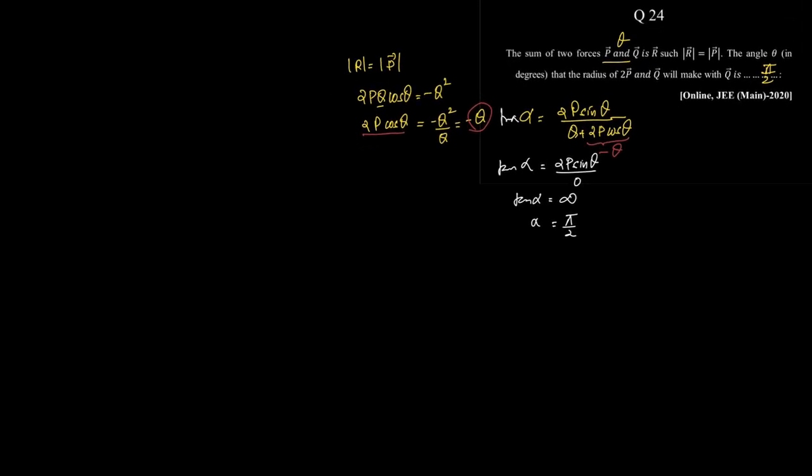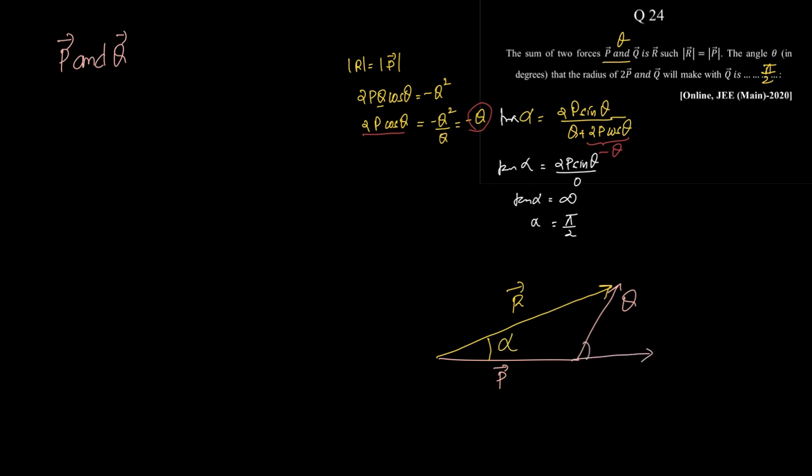So what we have here is two vectors, vector p and vector q. Let us assume that they are acting like this. So this is vector p and this is vector q, and we know that the resultant would be like this, resultant vector r, and the angle the resultant makes with one of the vectors p is alpha, and the angle the vectors make with themselves is theta.